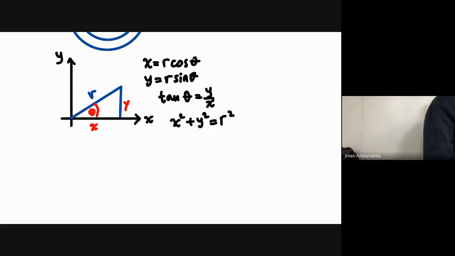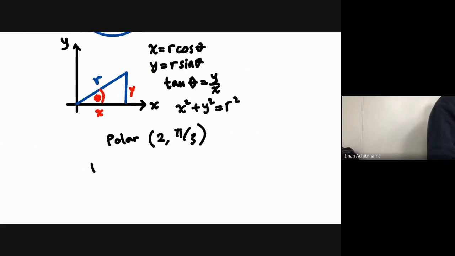Okay, now if you have polar (2, 2 pi over 3), what's the Cartesian?